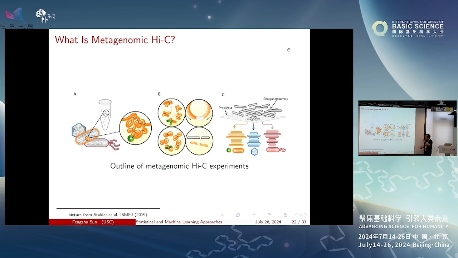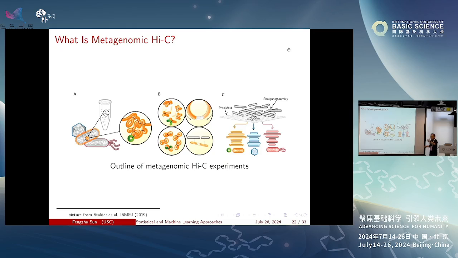Then they use restriction enzymes to cut this linked genome. After that, they wash away the fragments that are not linked together. Then those that are linked together are ligated, and they sequence all these short reads.